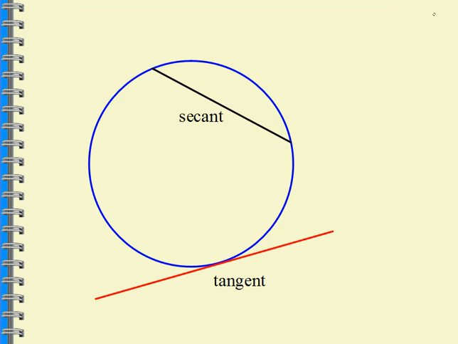In geometry, we typically talked about circles when we used secant and tangent lines. A secant line was joining 2 points on a circle, any 2 points.